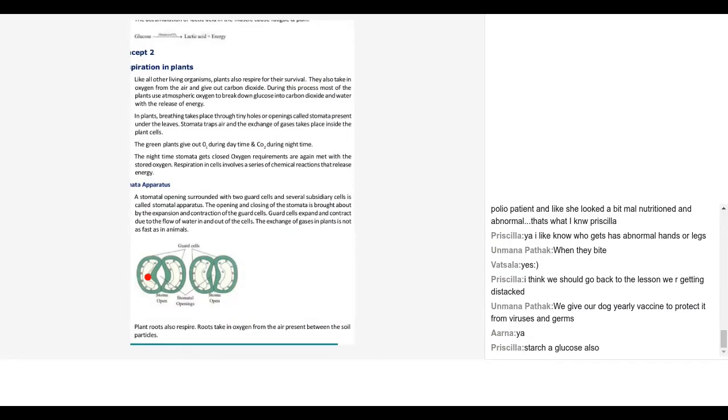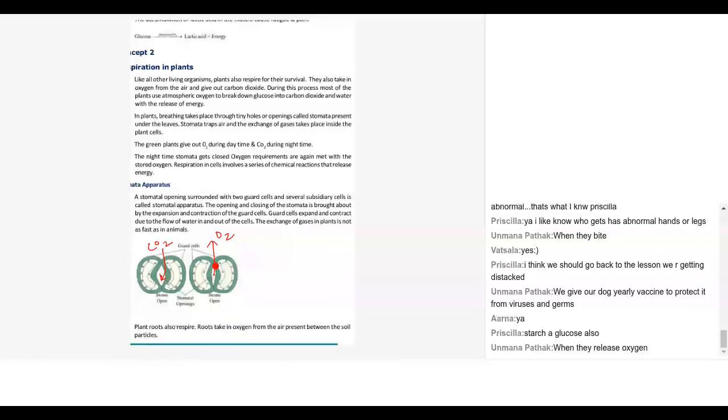So basically, through this small opening that I was talking about, which is there underneath the leaf, carbon dioxide goes in and oxygen goes out. And the opening or the closing. Now, can somebody tell me when does the stomatal pore close?